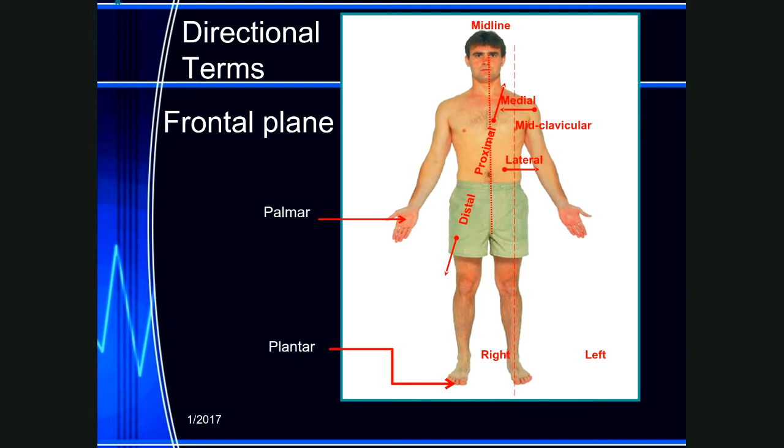We have bilateral lungs, a right lung and a left lung. When we're checking lung sounds, we want to hear the same identical sounds on the right side and the left side. And when we describe lung sounds, we can describe them as equal and bilateral breath sounds, meaning they're the same on both sides.